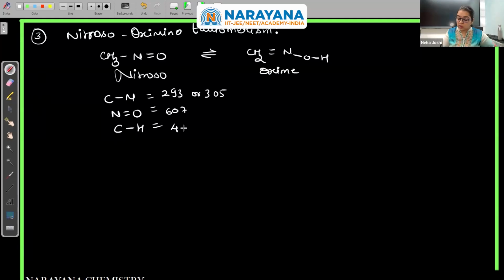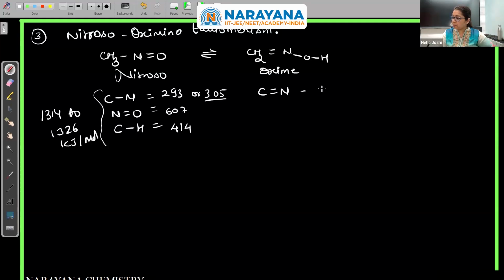So here the C-H bond is broken, which is 414. If you add this total, it is coming 1314 to 1326 kilojoules per mole. Taking this into consideration, 1326. Here what bonds are formed? C double bond N, which is 615 kilojoules per mole.